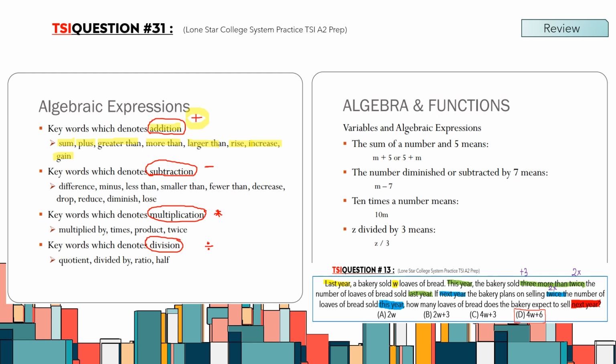Okay, so we can see in the example, TSI question number 13 in this series, this year the bakery sold 3 more than, so it means plus 3.